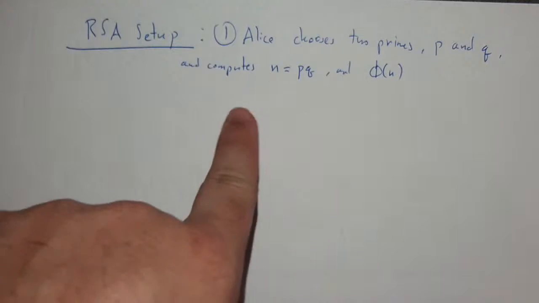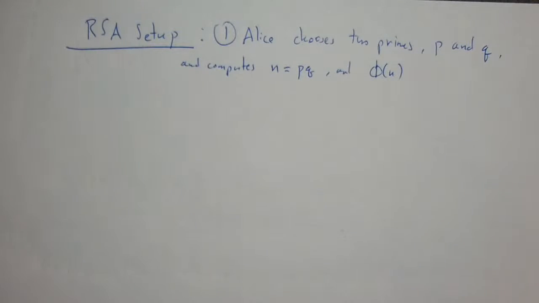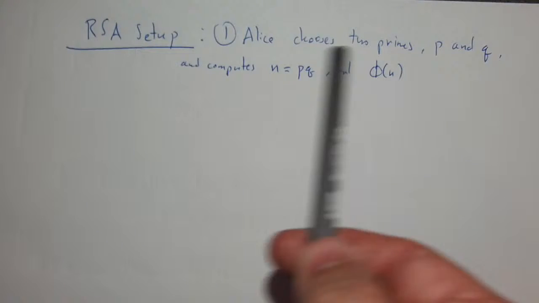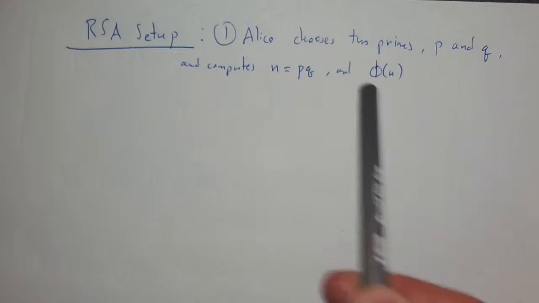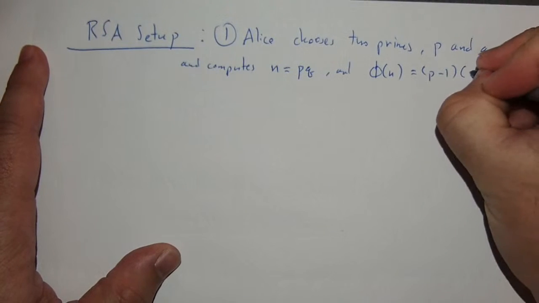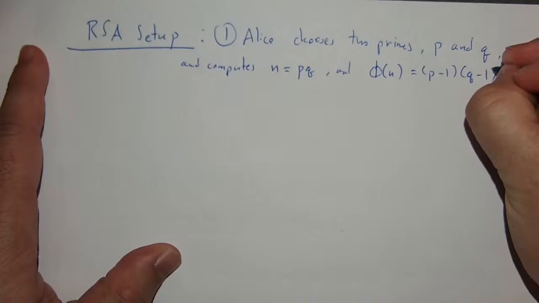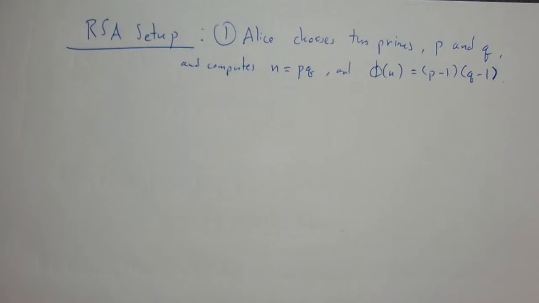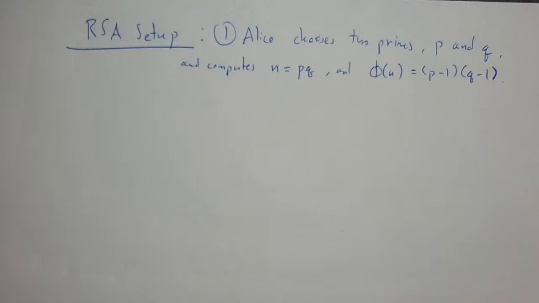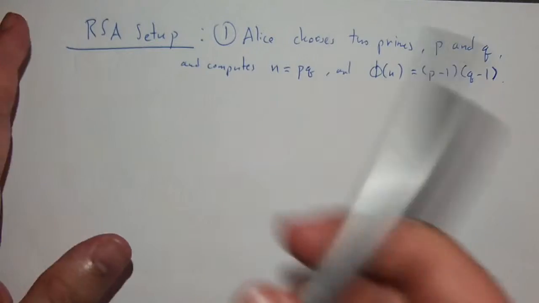Because P and Q are two gigantic primes, they are distinct, so they're relatively prime. And since they're relatively prime, and n is a product of those things, phi of n is phi of P times phi of Q, but they're prime. So this is just (P minus 1) times (Q minus 1). Again, you're just multiplying two numbers together here. So once you actually know this factorization of n, computing phi of n is easy. It's just another multiplication. Okay, so that's the first step.